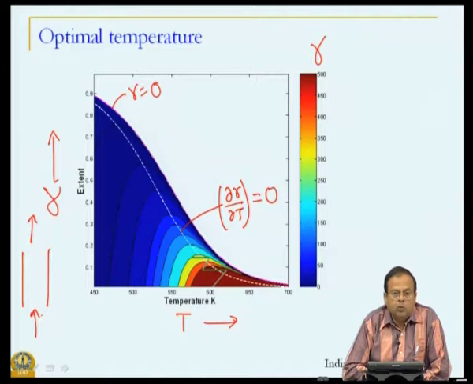Now, we talked about two different kinds of reactor operations, isothermal reactor and adiabatic reactor. But let's try to look at, to begin with, what happens when you have an isothermal reactor.